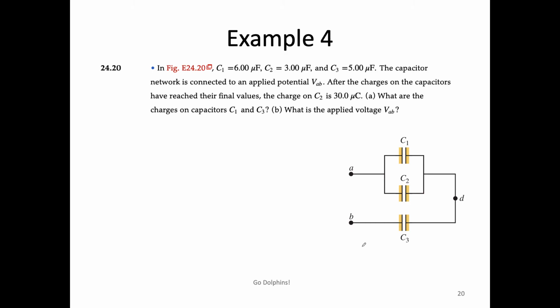Okay, one more example. So I have C1, C2, C3 in connection as shown. I know what C1 is, I know what C2 and C3 are. Now I apply a potential VAB, but I don't know what VAB is. But I do know Q2. Then we want to find out the charge on C1 and C3. So first I know C2 and I know Q2.